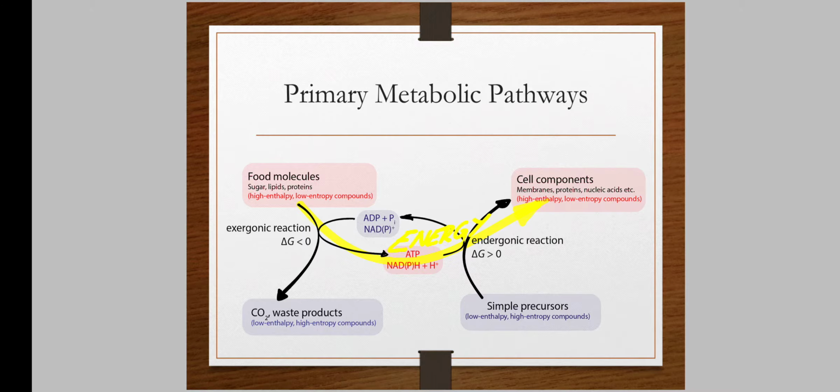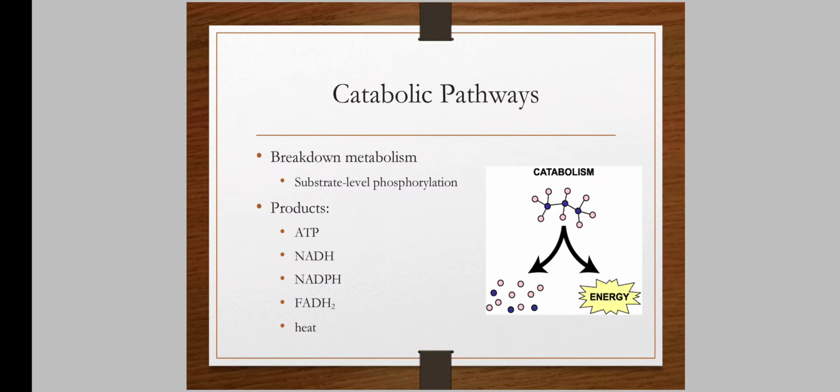So catabolic pathways are the breakdown mechanism. An example is substrate level phosphorylation, where you create energy by breaking down molecules. Mostly the products here are ATP, NADH, NADPH, FADH2, and of course heat, as there's always excess heat generated.